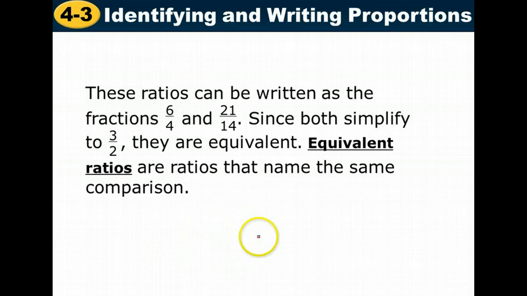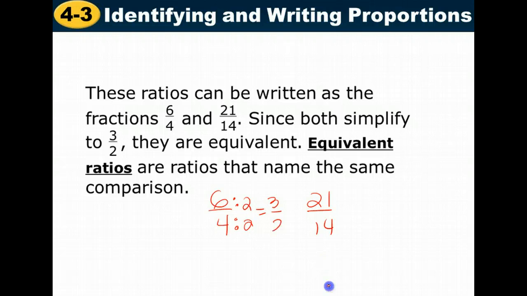Okay, so for example, we had 6 to 4 and we also had 21 to 14. Now we want to see if they are equivalent. One way we can tell is to go ahead and reduce them. If we divide this by 2, it will equal 3 to 2. And if we reduce these by 7, their GCF, this will also be equal to 3 to 2.